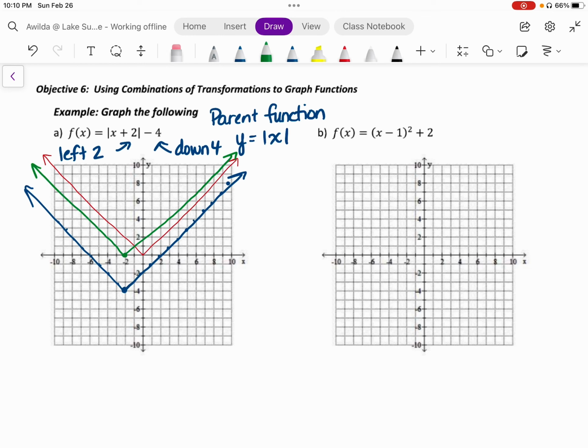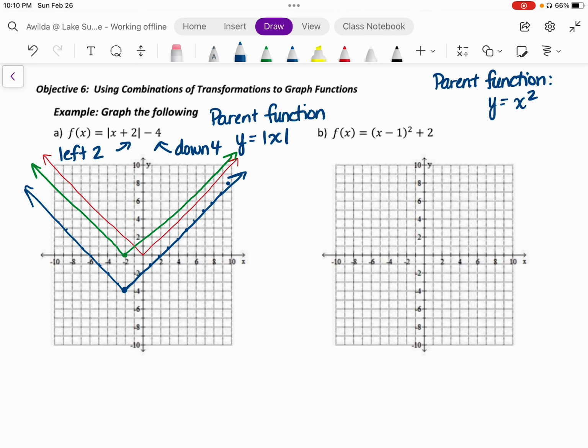Okay, in the next example, we have f of x is equal to the quantity x minus 1 squared plus 2. First, let's identify our parent function, which in this case is the square function, y is equal to x squared. I see two transformations here.